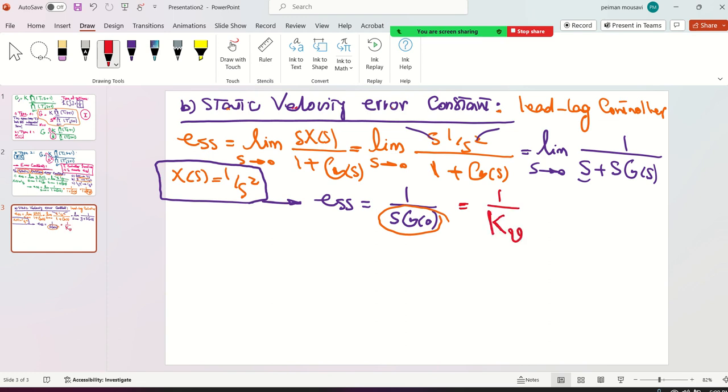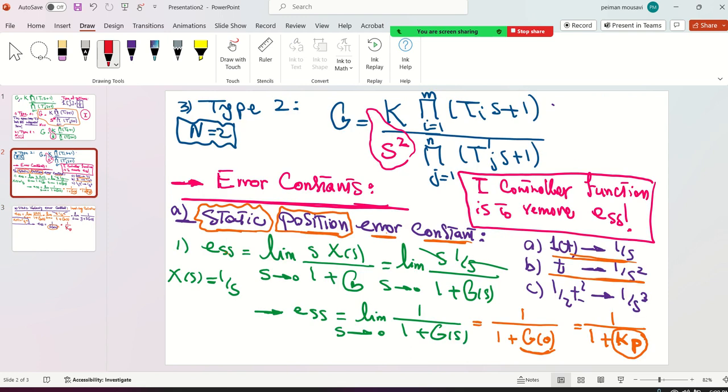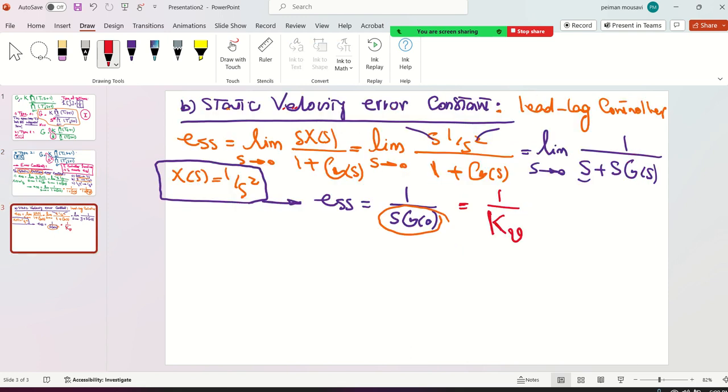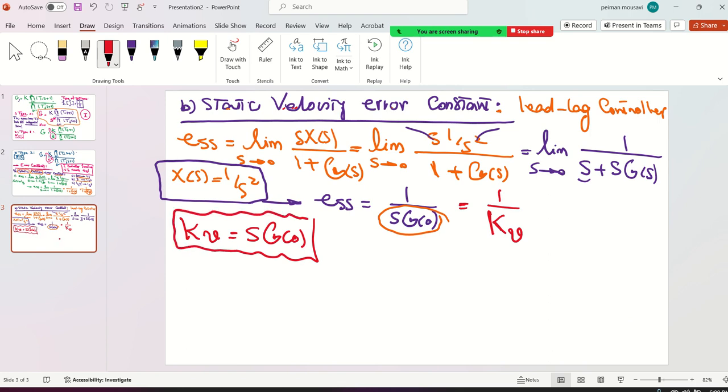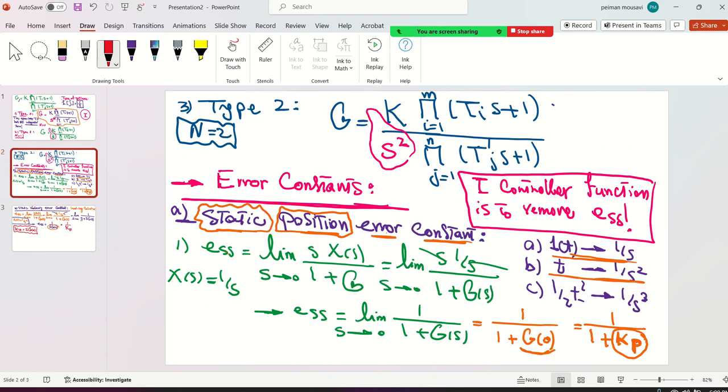Kv is for velocity, and this P is for position. So we define Kv as S G. These are definitions. We're going to use this in designing the lead lag controller after PID. I didn't write it here, so I'm writing it here: Kp is the open loop transfer function at S equals 0.